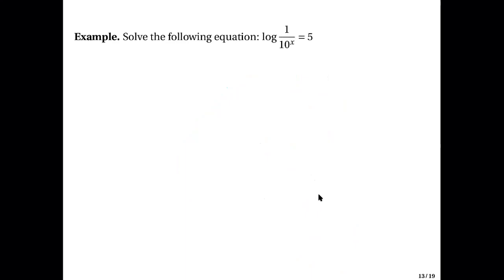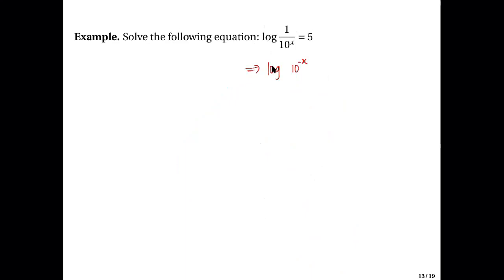Next problem here, you have log of 1 over 10 to the x equals 5. So remember, if there's no subscript, the base is automatically 10. So we just rewrite this 1 over 10 to the x as 10 raised to negative x.